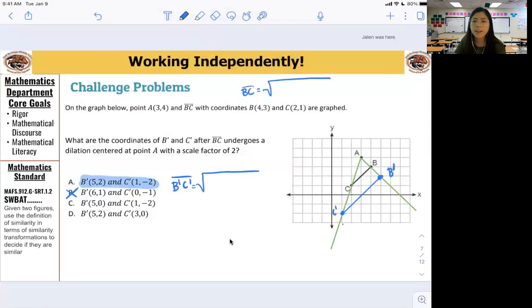Okay, so can I get the following students? Tyrone, Daniel, Janelle, and Perla. Those of you who are in school, go ahead and find the length of BC.